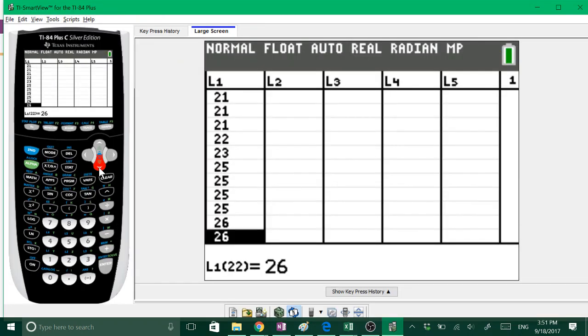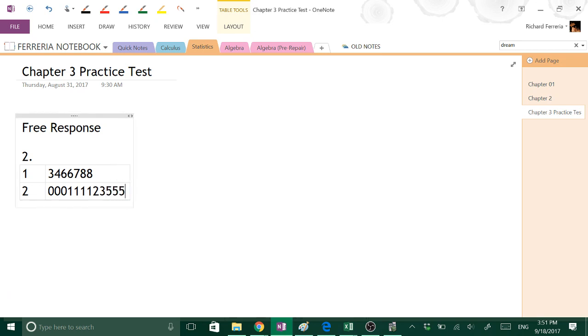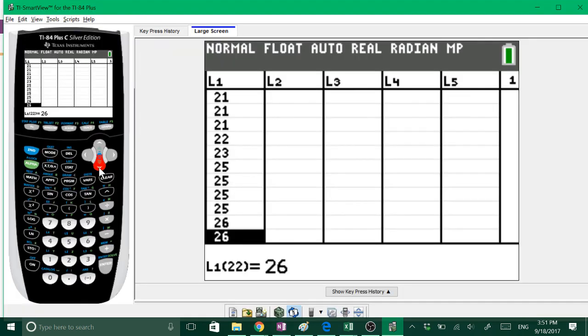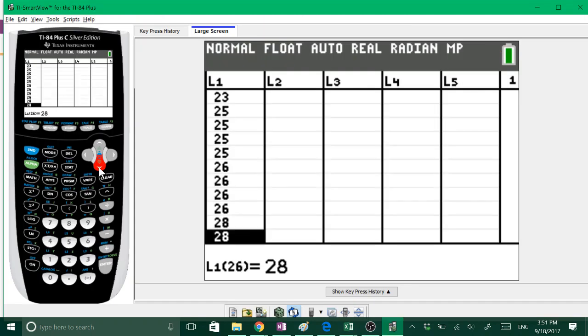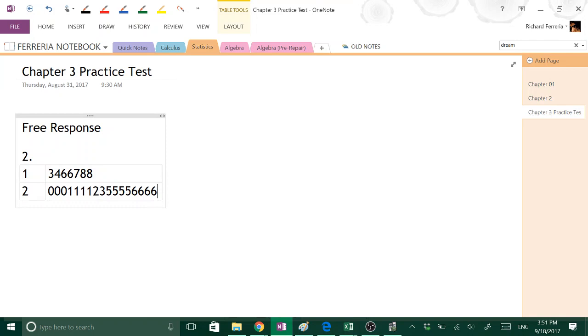How many 25s is that? 4 25s. 4 26s. And 3 28s. That takes care of the 20s stem.